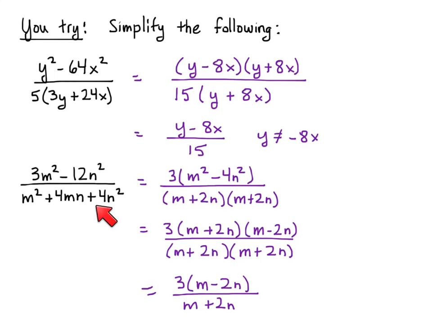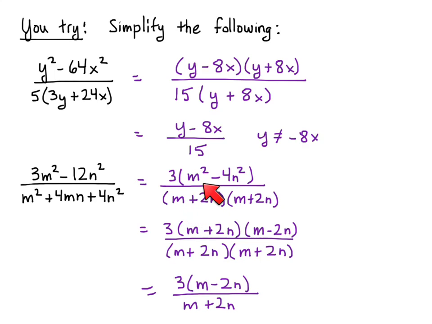This is m plus 2n all squared, because the first and the last terms are both perfect squares, and so you take m times 2n, multiply those together, multiply it by 2, and you get 4mn. So that's the way it factors, by recognizing the special form. It's a little harder to see than if you had pure numbers, but it's still there.